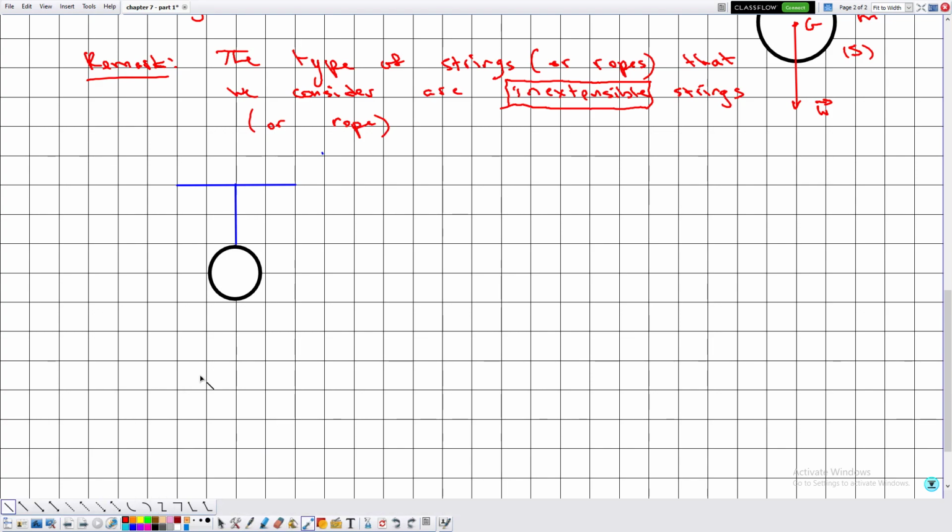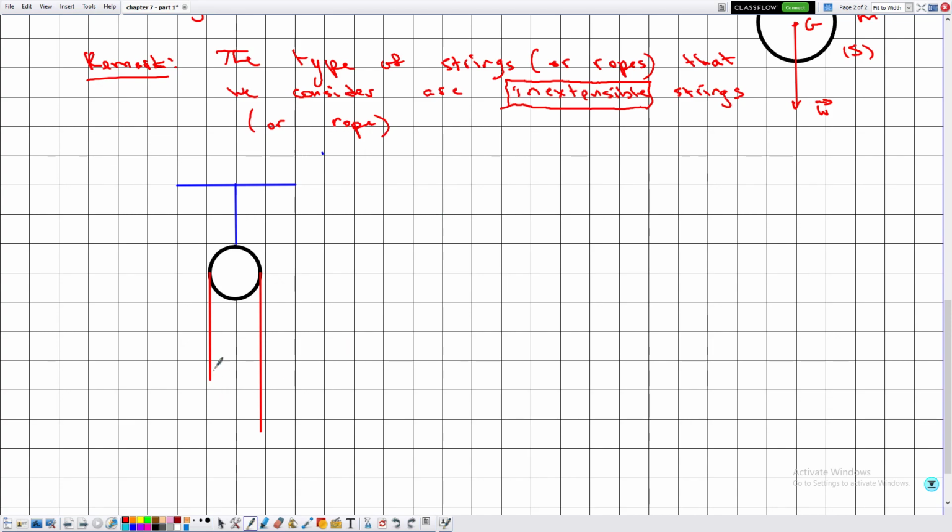We have one string like this. Suppose here we have a solid S, and here we have another solid B. The string is wound around the pulley like this.